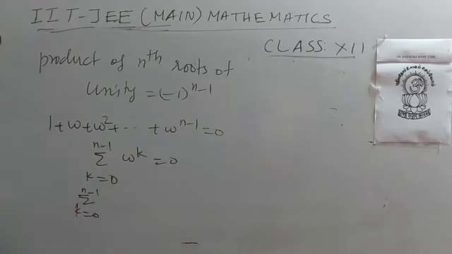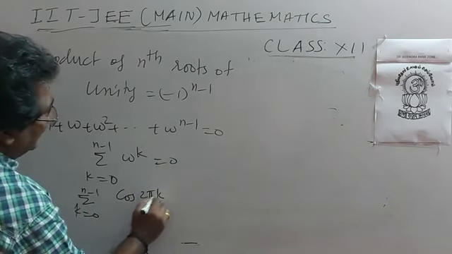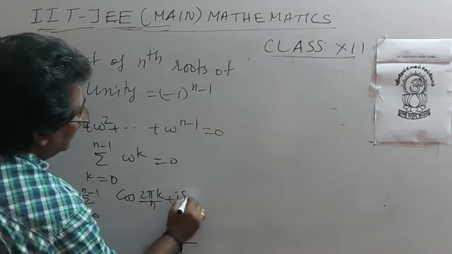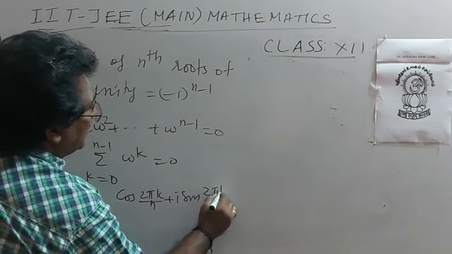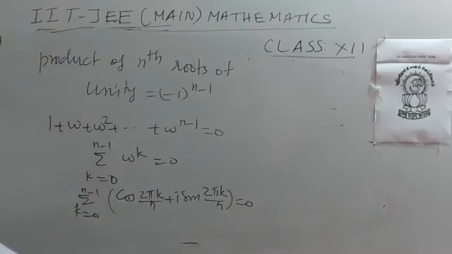That is, sum over k equal to 0 to n minus 1 of cos 2 pi k by n plus i sin 2 pi k by n equal to 0.